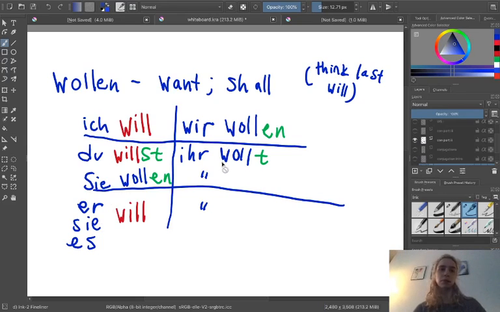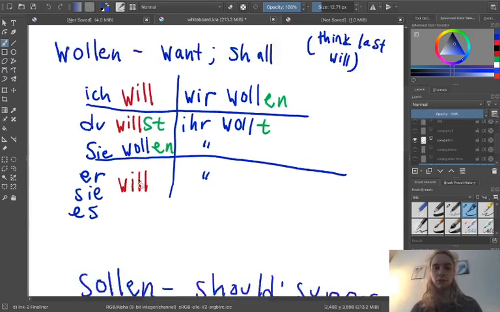But at the most literal level, it just means to want something. Aber das ist stärker als auf Englisch. Ich will, du willst, er/sie/es will, and our regular form, sie wollen, wir wollen, ihr wollt, and the other two sie forms, again, mirror the sie form here, sie wollen.